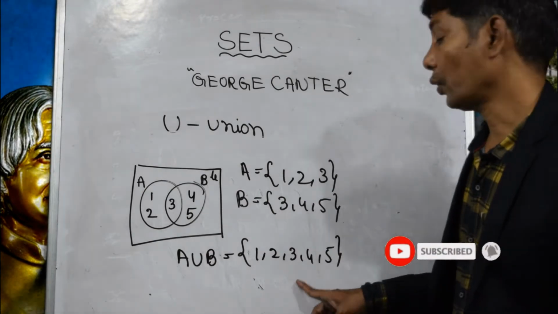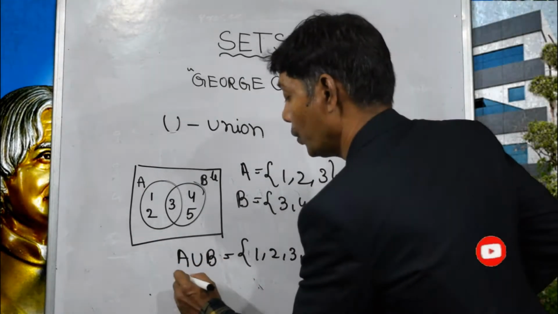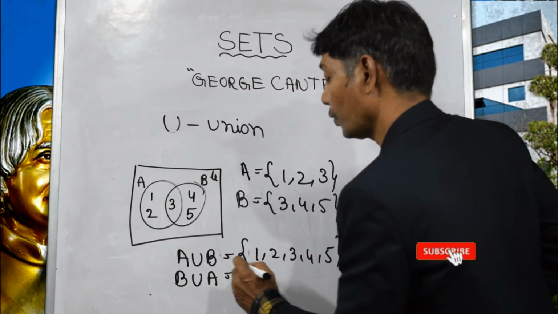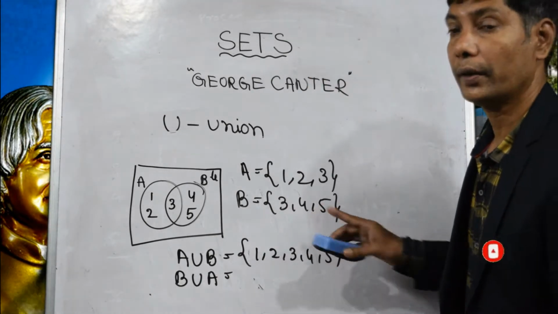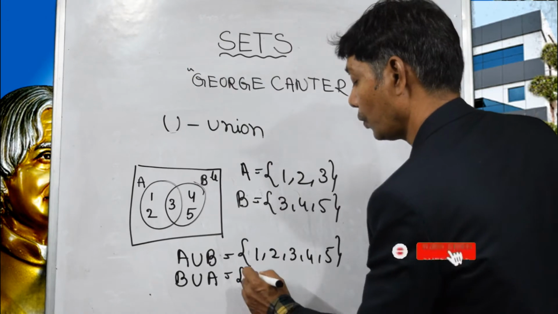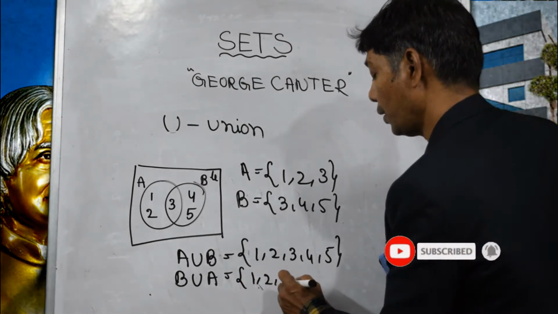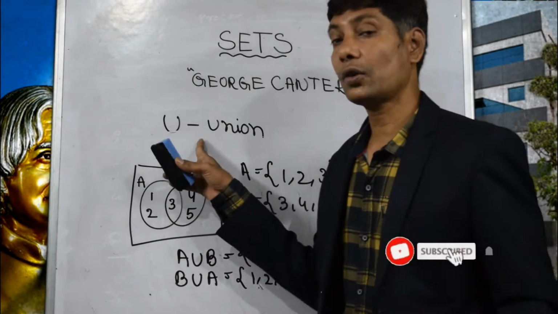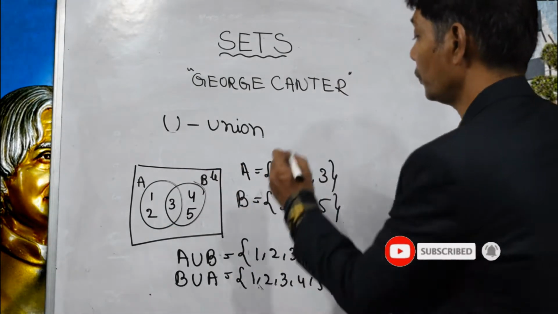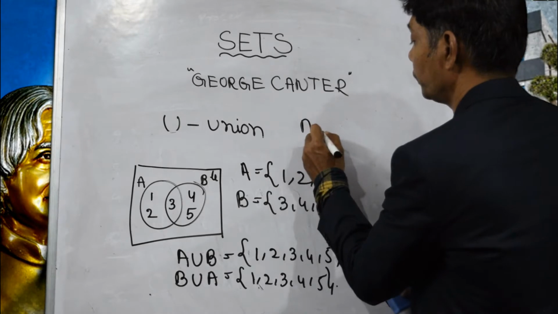B union A is also 3, 4, 5, 1, 2, 3, that is, 1, 2, 3, 4, 5. This is called union.